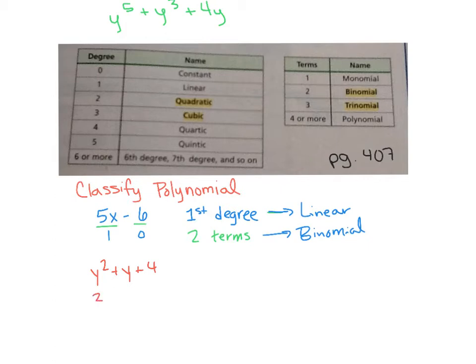You have a 2nd degree, a 1st degree, and a 0 degree. So your degree is 2nd, and you have 3 terms, because you have 3 degrees down there that you've looked at. A 2nd degree is quadratic, and 3 terms is a trinomial.